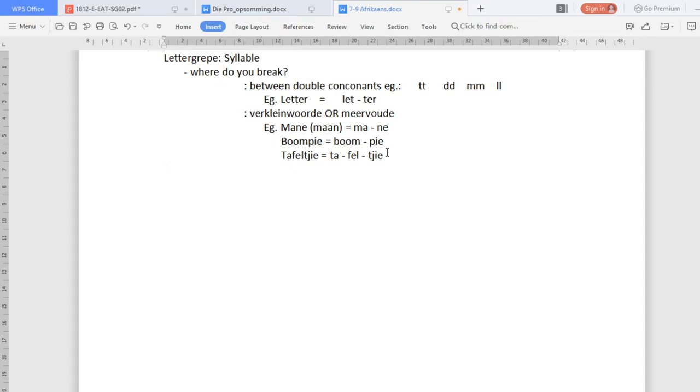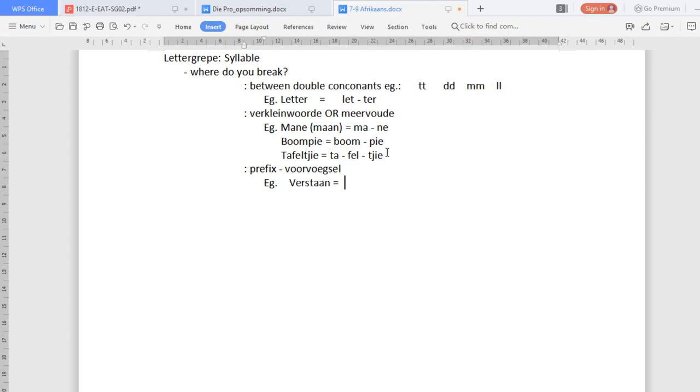Alright, let's see another example. We break up anything that is a prefix. What we said is a voorvoegsel. Okay, so kom ons sê verstaan.